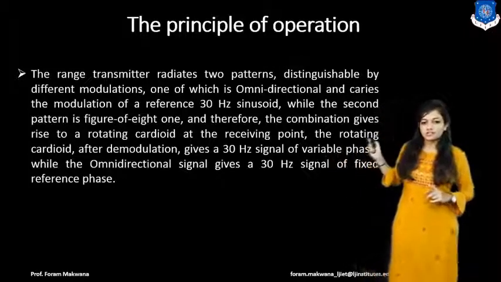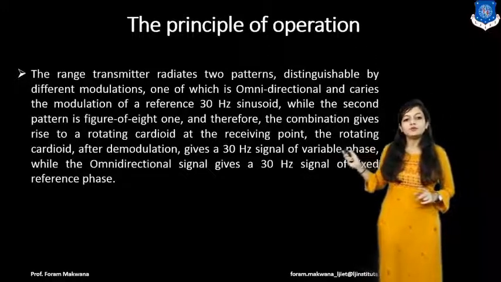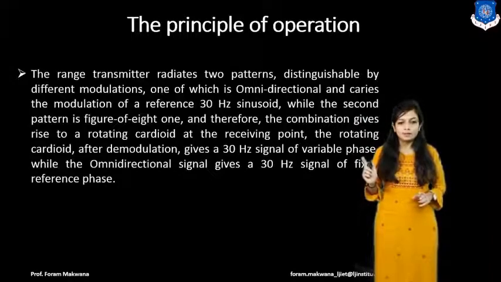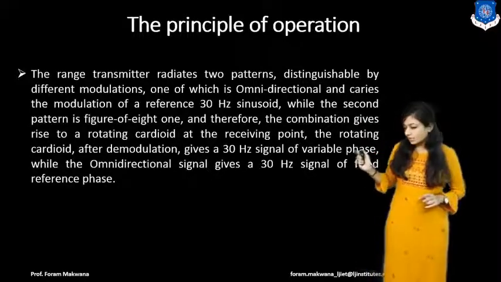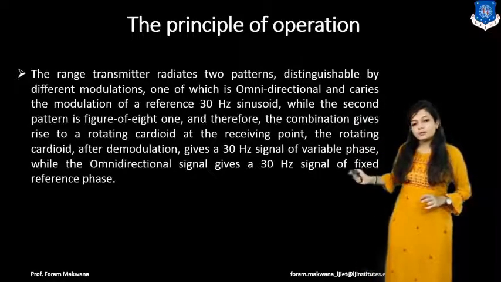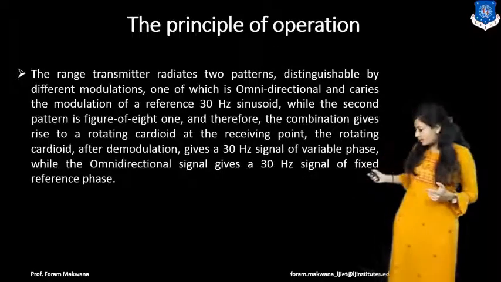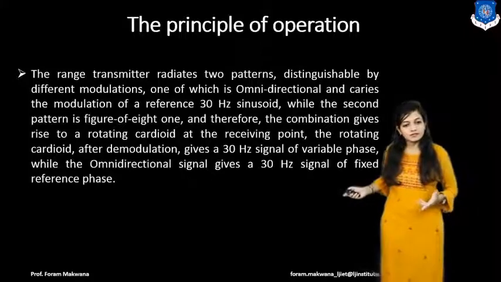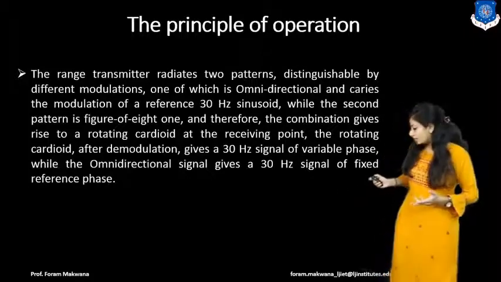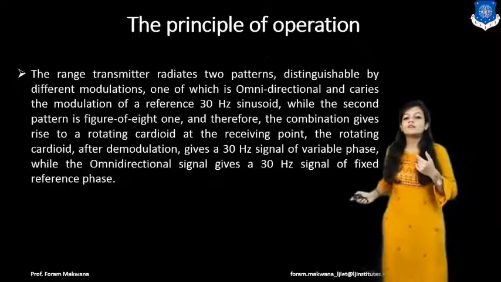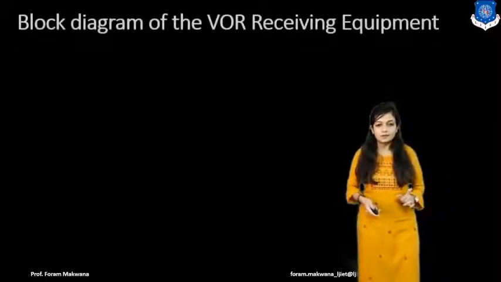So the combination gives you a rotating cardioid at the receiving point. After demodulation at the receiving side, it gives you a 30 Hz signal with variable phase. And the omnidirectional signal gives you a 30 Hz signal of fixed reference phase. Okay, this is the principle of operation.